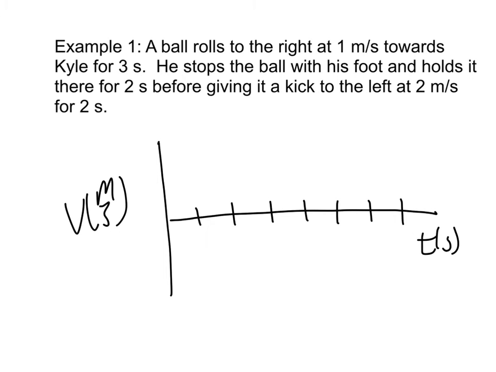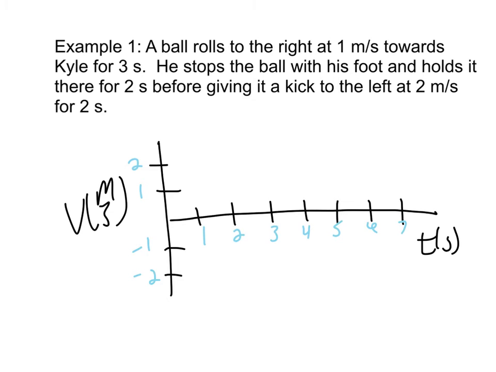And our velocities. It's rolling at 1 meter per second, and it's rolling at 2 meters per second. So let's just go 1, 2 on the top and the bottom. To label our graph, this would be positive 1, positive 2, negative 1, negative 2, and 1, 2, 3, 4, 5, 6, 7.